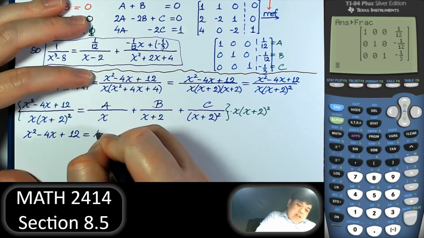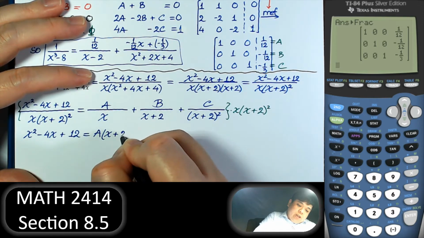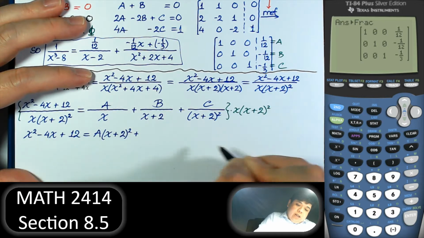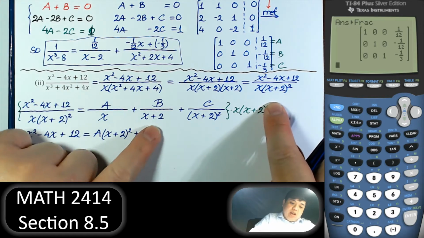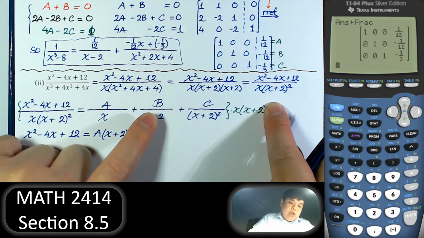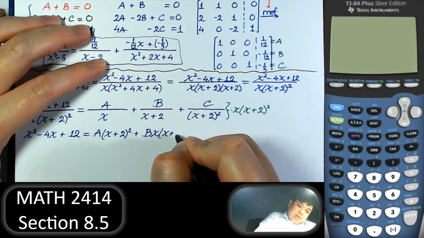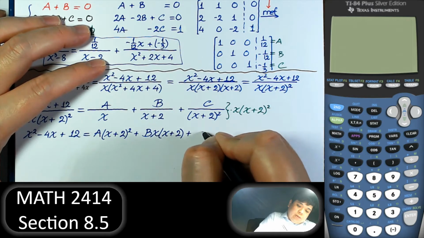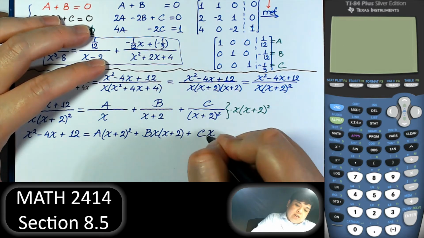We have A times x plus 2 squared. And then B, one factor of x plus 2 cancel out with x plus 2, so we have Bx times x plus 2, and then x plus 2 cancel out, we have Cx.